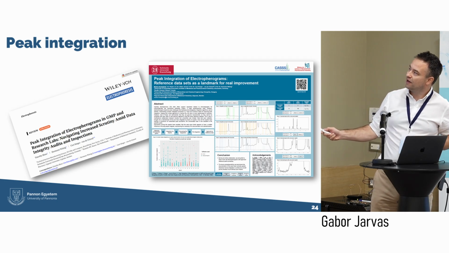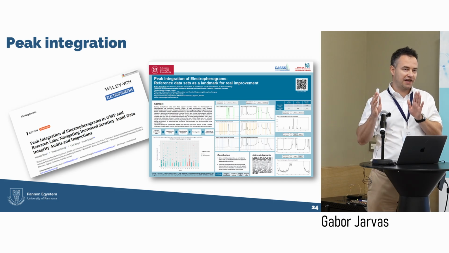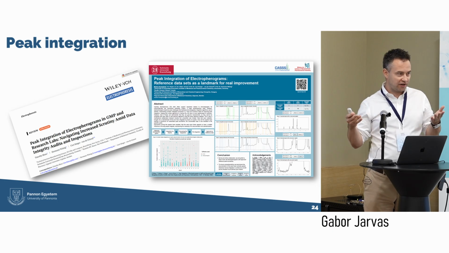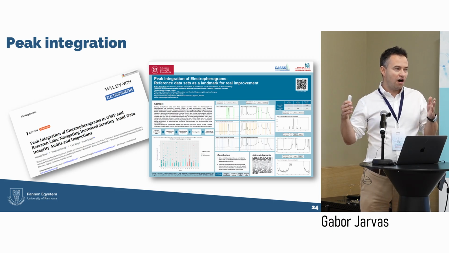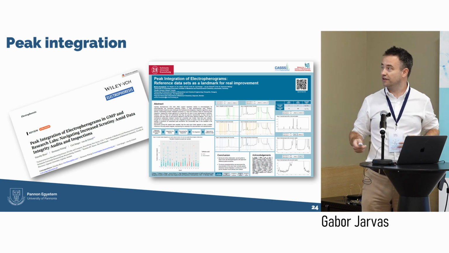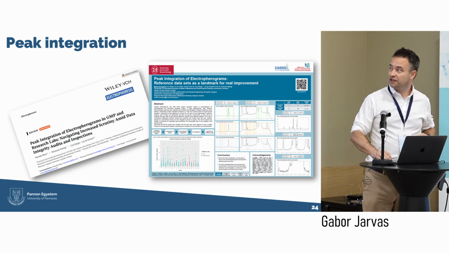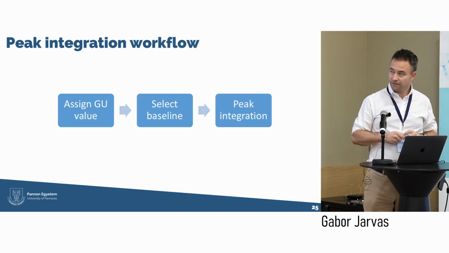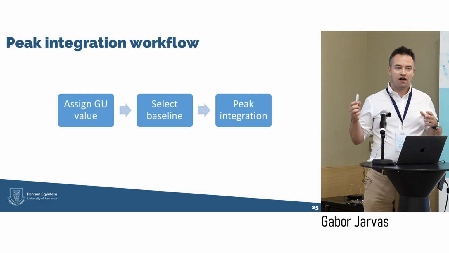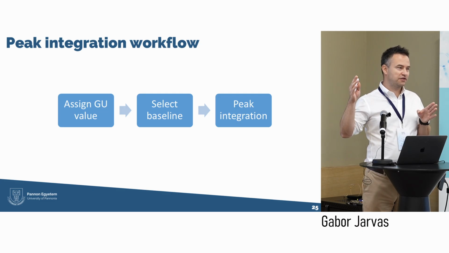And you could see that the different experts integrated exactly the same electropherogram in completely different ways, showing again that automated peak integration is a demanding need nowadays in capillary electrophoresis-based glycan structure identification. And what we have decided is to simply rely on the calculated GU values.